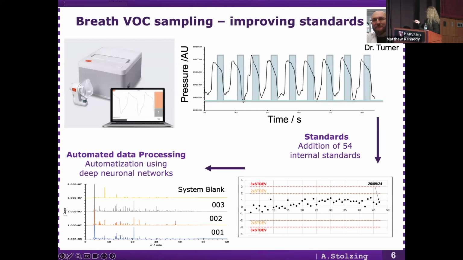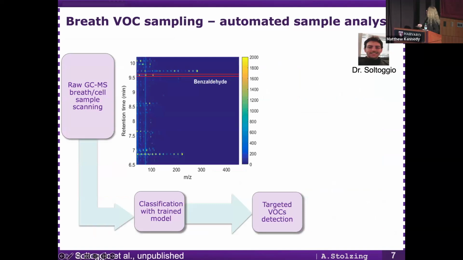And usually what is happening is that a postdoc sits there and identifies every peak, which will take forever. And we think that human life is too precious to waste. So we are developing an AI to substitute our students and postdocs. And this is how the AI currently works.